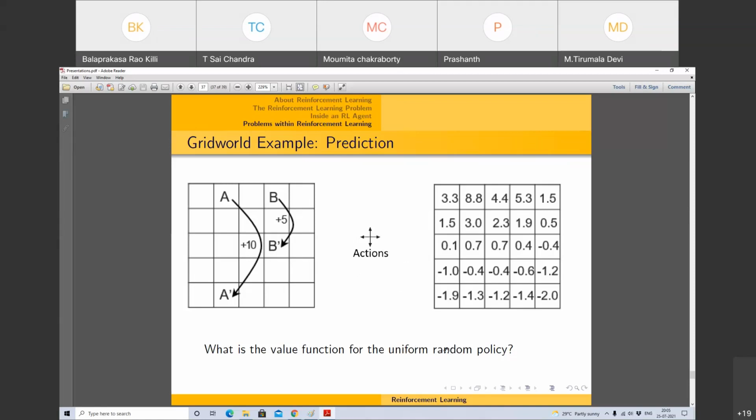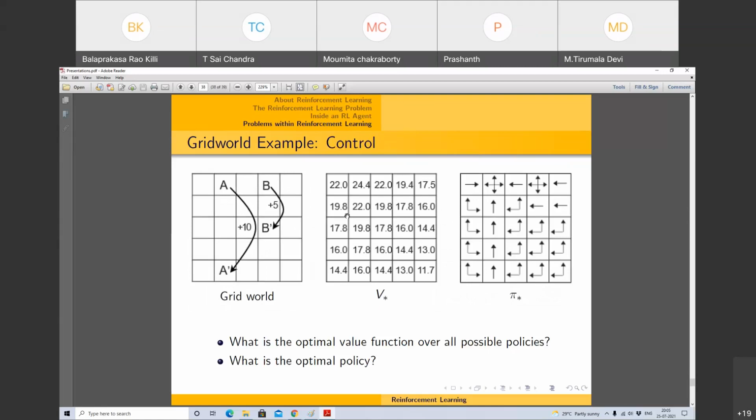That is uniform. And random means pick one of the actions randomly based on some coin toss. You toss 2 coins. If the result is tail tail, you take up, tail head left, head tail right, head head down, like this you take. So this is called uniform random policy. Is it clear? For this policy, you have to find the value function.